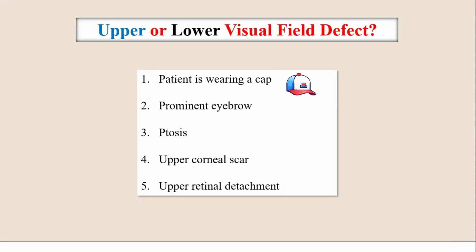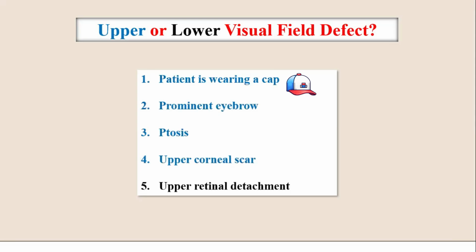As you can see, I'm using the color code here. All the above 4 result in upper, and upper retinal detachment causes lower visual field defect, because the relationship, remember, is between the visual field, the object in space, and the retina.